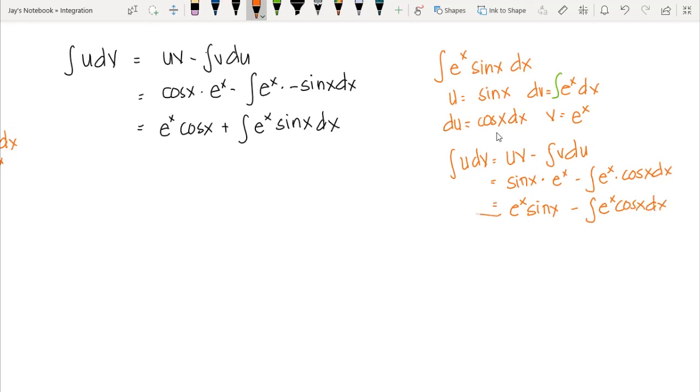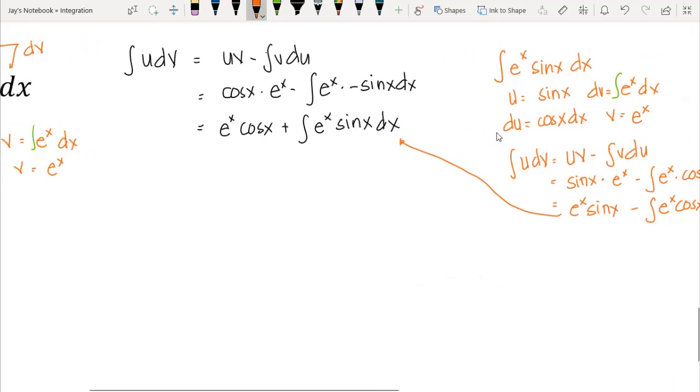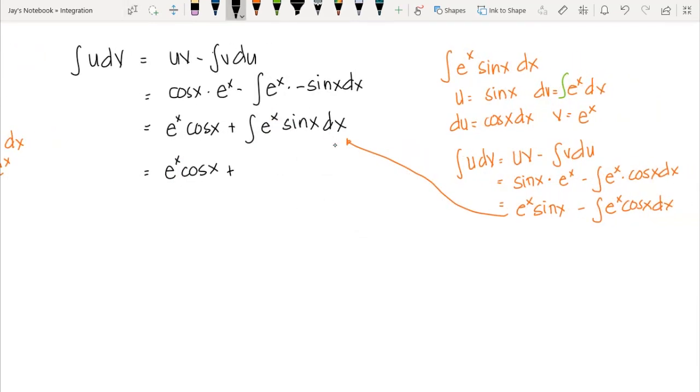So let's substitute it back to our equation. Then we have here, copy the first term, plus, since the integration of e^x sine x dx is this one, we copy this one, that is plus e raised to x sine x minus the integration of e^x cosine x dx.